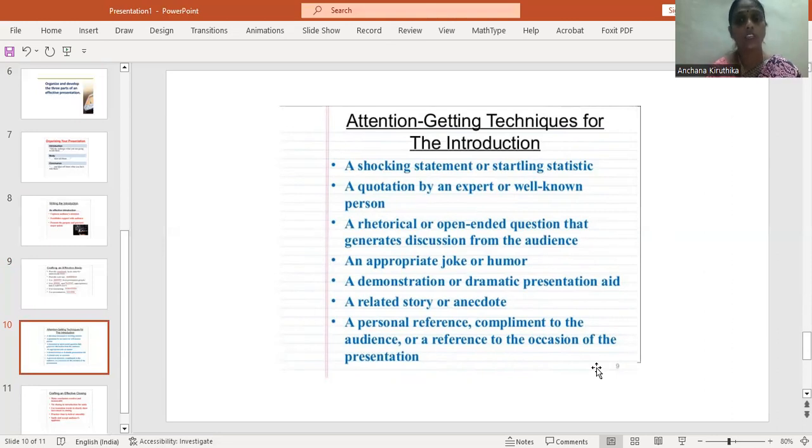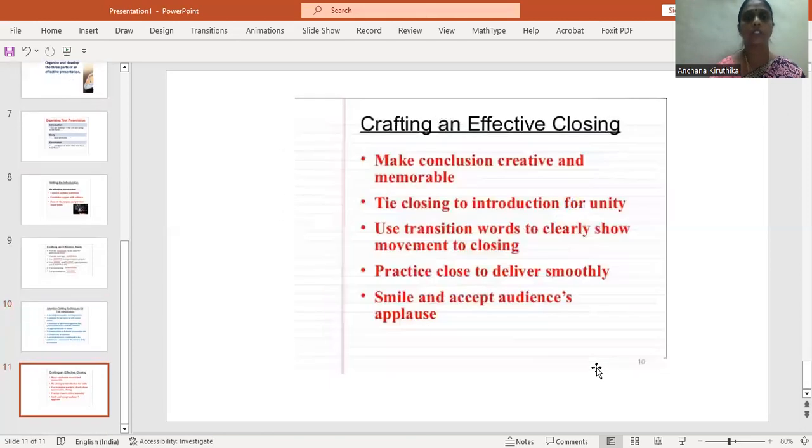We can ask an open-ended question to the forum, and we can start with a joke or any recent, updated information, the day's highlighted news, or a demonstration. They can relate a story. And the personal reference. These are the techniques used to get the attention of the audience during the introduction.